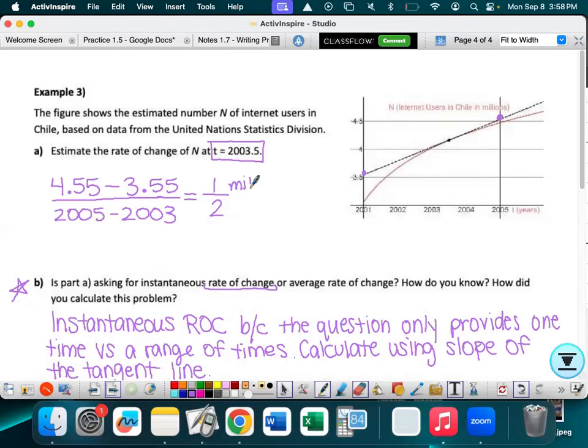So 1 million internet users per year, and this is representing time in years. So 500,000 internet users per year is the instantaneous rate of change at 2003.5.